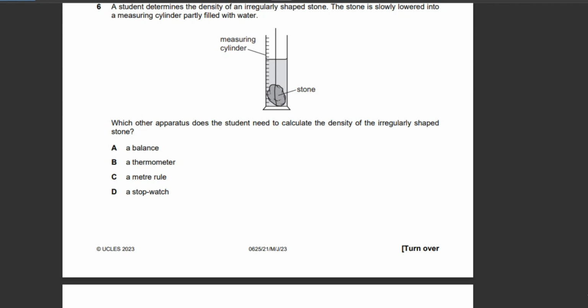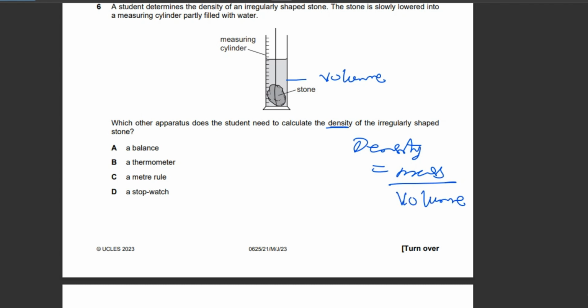So yeah, I'm going to get the volume of the stone from here. To calculate density, I need two quantities. That's the mass. Density is actually mass per unit volume. So this will provide me with the volume.